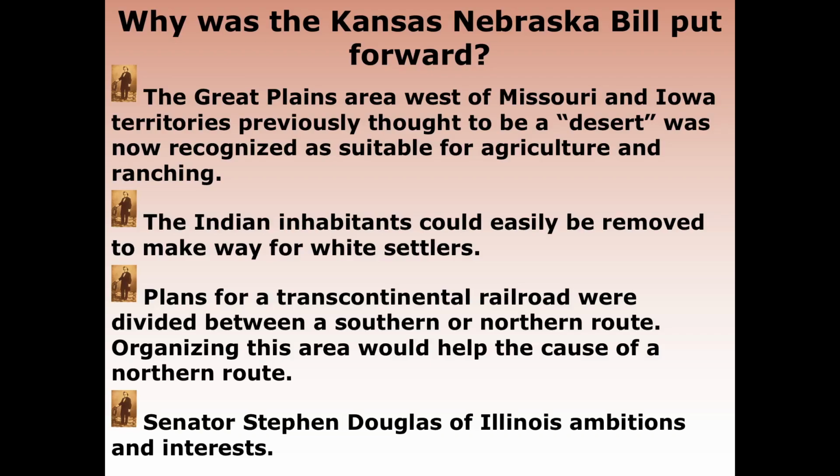It's going to make it easier to plow up that sod soil and actually make it doable. So people are going to start coming over to this territory. Also, some people thought that the native inhabitants of this area could easily be dealt with and removed.